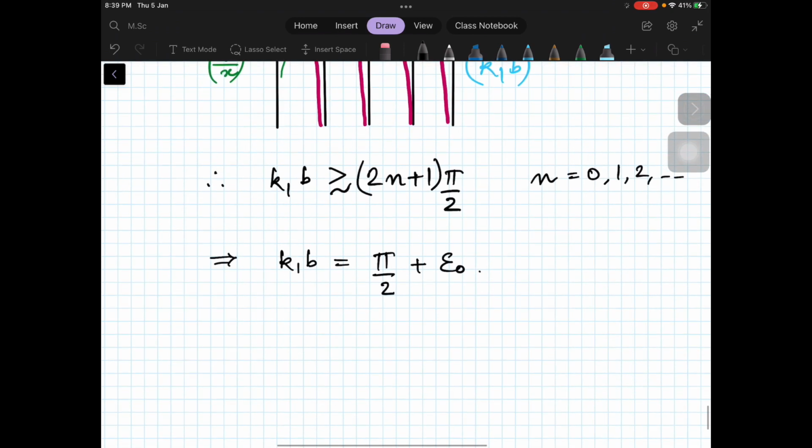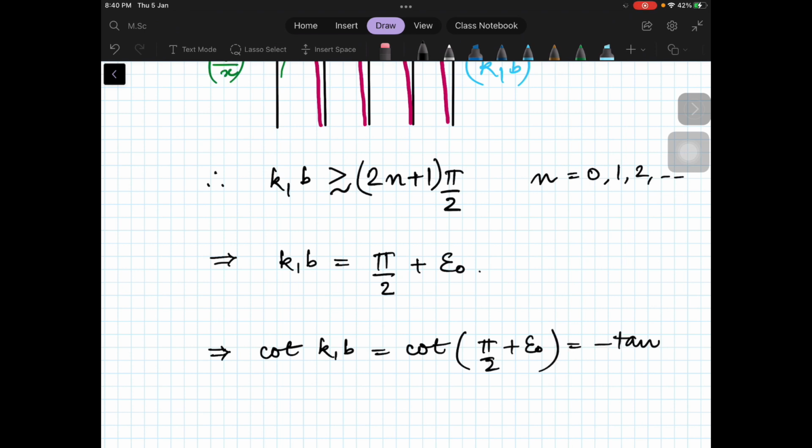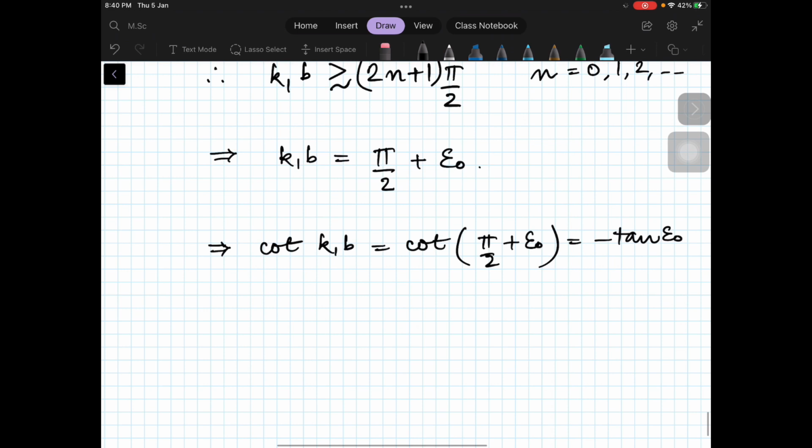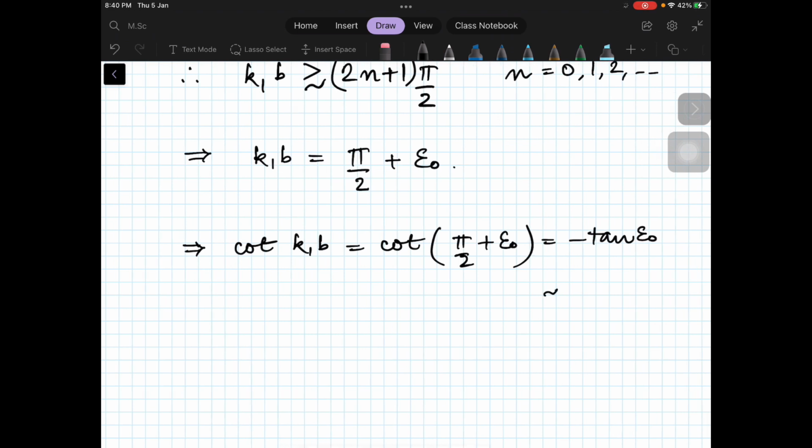Taking cot both sides, cot of K1b would be equal to cot of pi by 2 plus epsilon naught, which is equal to minus tan epsilon naught. And since epsilon naught is a small value, we could write it to be minus of epsilon naught, right?